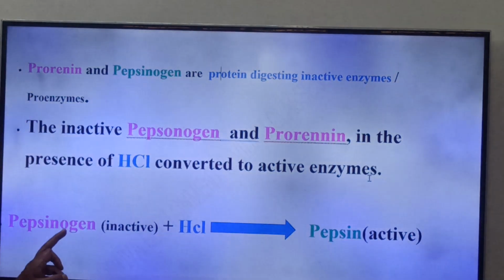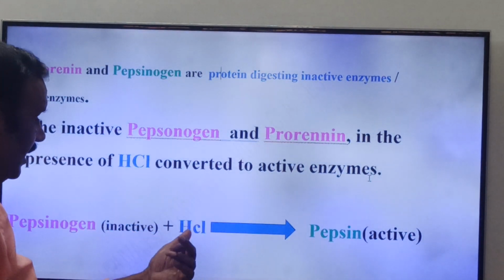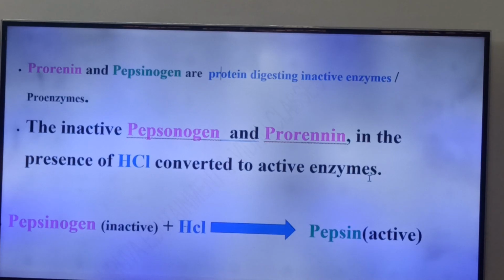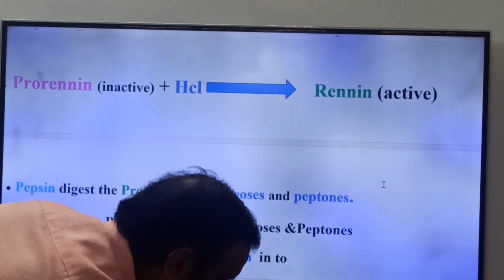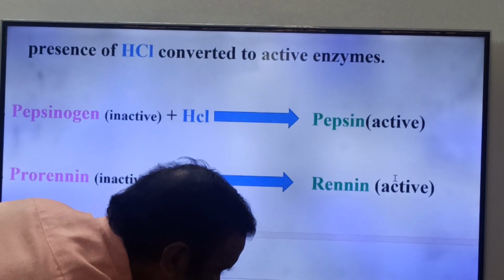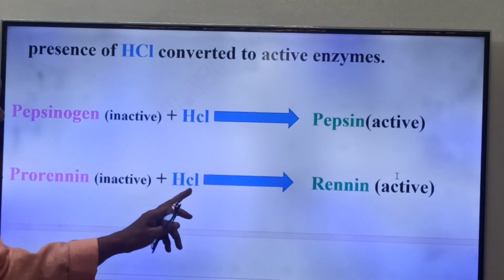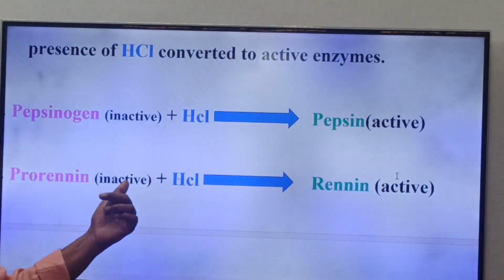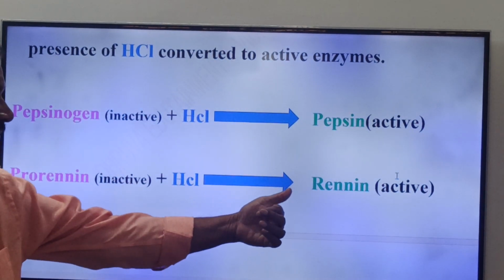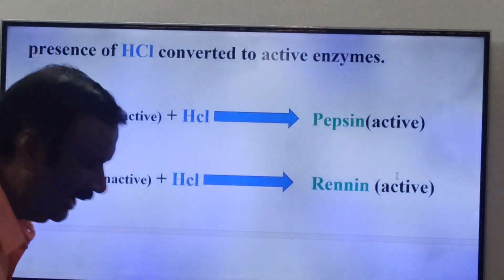But here you have to remember that inactive pepsinogen is converted into active pepsin with the help of HCl, hydrochloric acid. One more: prorenin, a proenzyme or inactive enzyme, in the presence of HCl is converted into active renin.